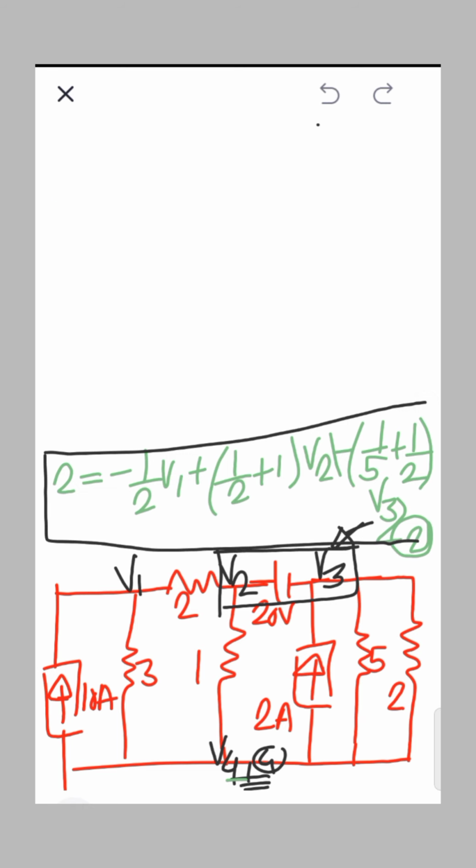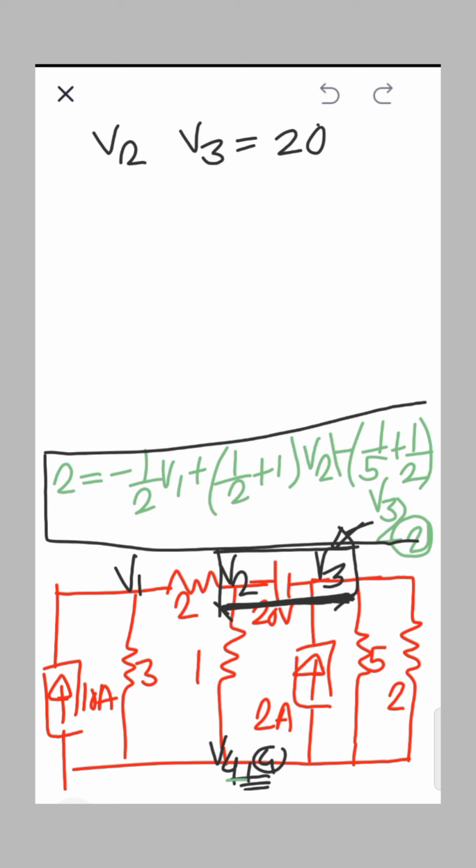Now we go for this potential. In between V2 and V3 there is one voltage source, that is 20 volt. The potential difference between V2 and V3 is 20 volt. On the basis of which polarity?